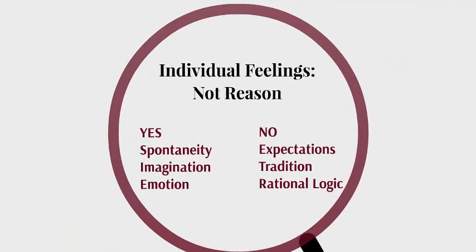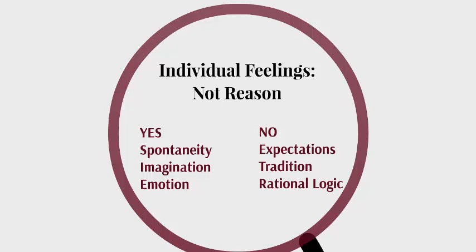Finally, individual feelings are what are important, not reason in terms of logic. Spontaneity, that's great. Imagination, that's great. Emotion, great. We're not focusing on expectations because you grew up in a particular part of town or your last name was something. You don't have to become whatever that implies.